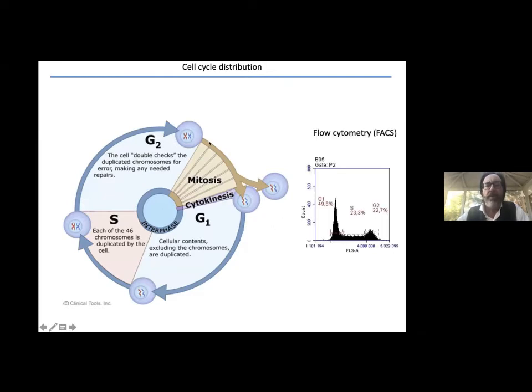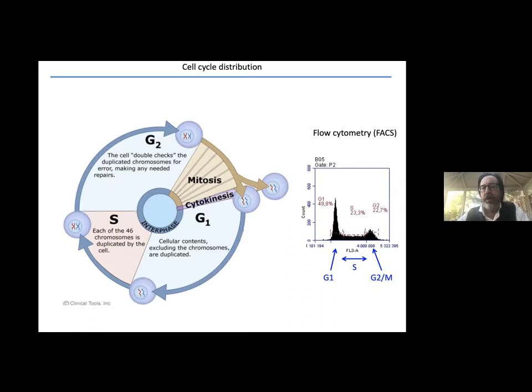When we measure the DNA content, you have the DNA content here in G1. Then you have replication during the S phase, so the content is increasing. In G2 phase the content is double because you have replicated DNA, and then after mitosis, you come back to the haploid content.